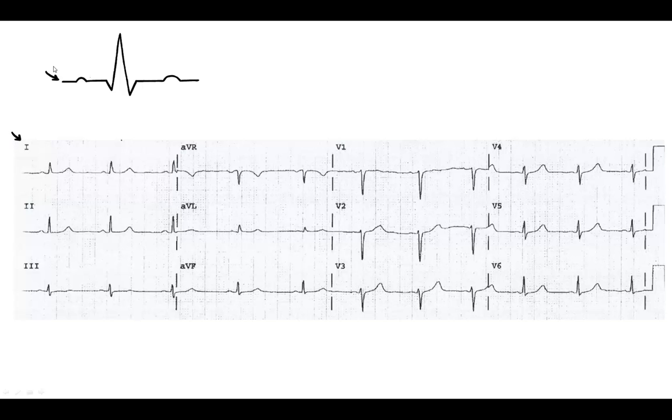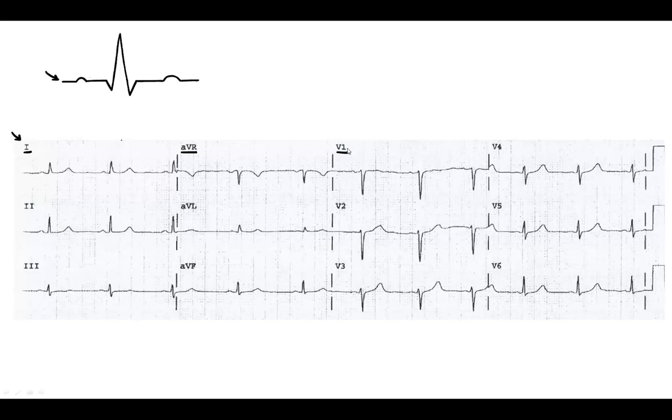So the squiggly black line that you're seeing in the diagram of the EKG from the real patient is the voltage tracing, or the change in voltage that different leads are picking up. And you'll notice that above this squiggly black line are some letters and numbers, such as right here, here, here, and so on and so forth. And if you look carefully, these letters and numbers are actually the names of the leads that we just talked about.